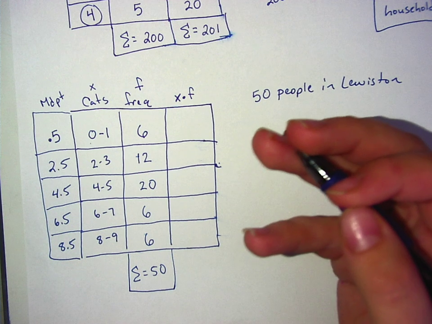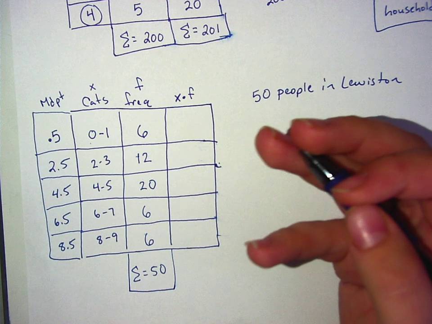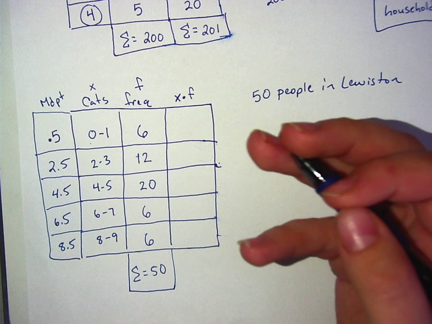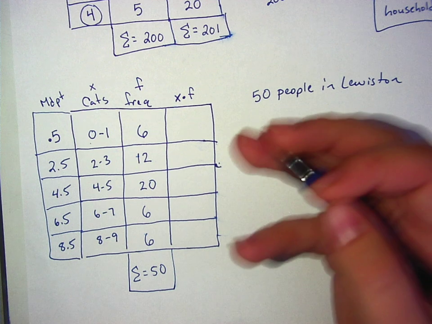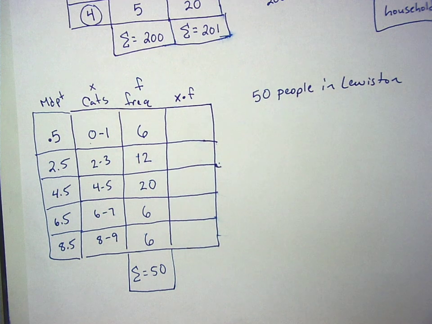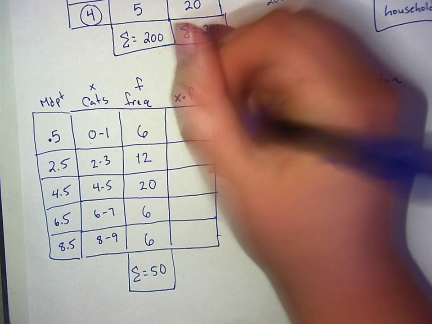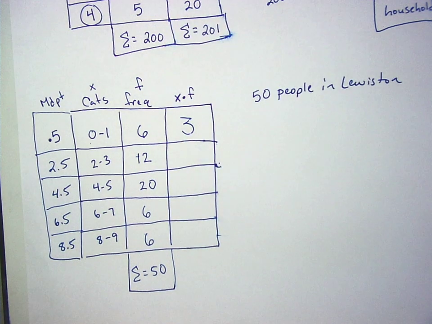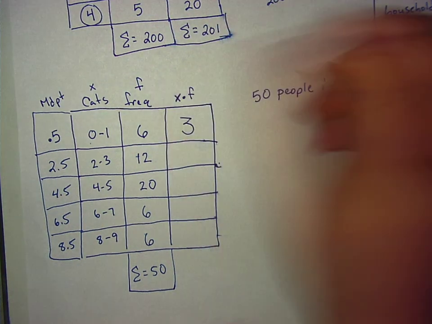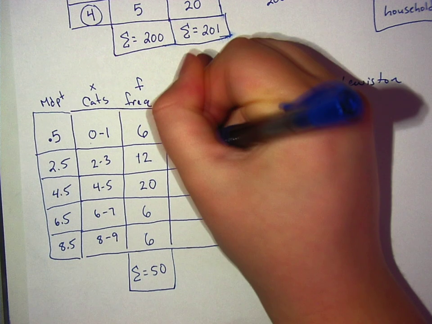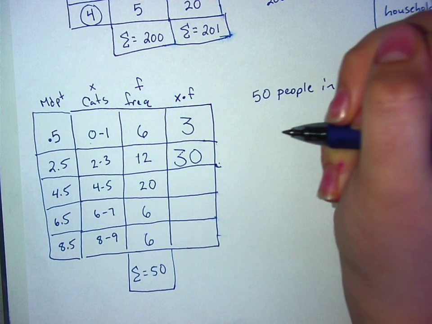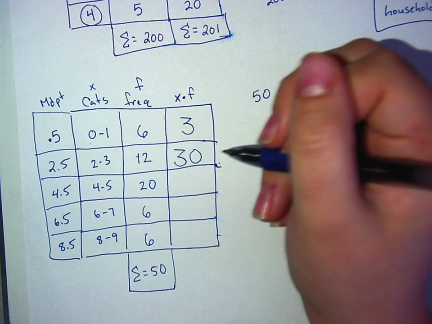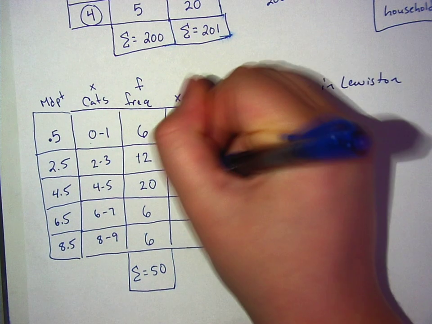For example, I would say, Jessica, 3. First we took 0.5 times 6, which is 3, and then she would write down 3. Okay, 0.5 times 6 is 3. Then you do 2.5 times 12 is 30. 4.5 times 20 is 90.